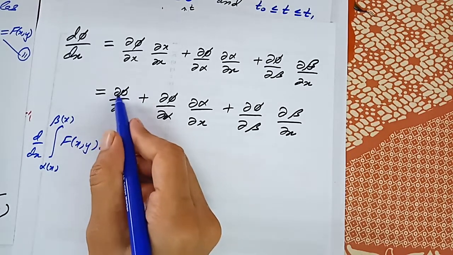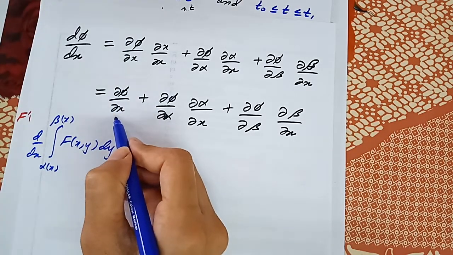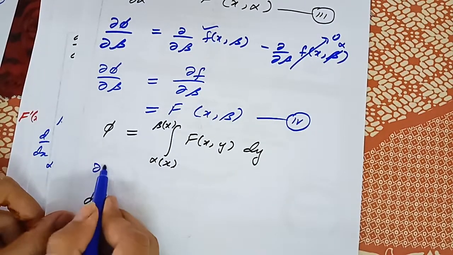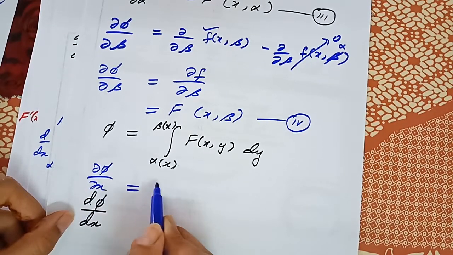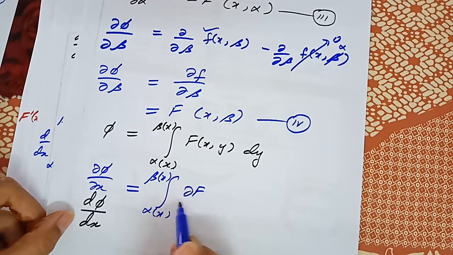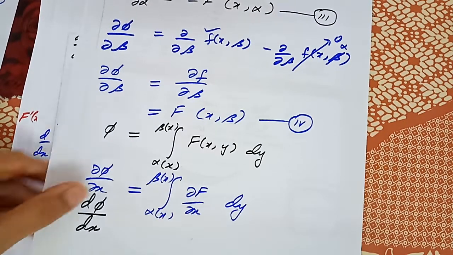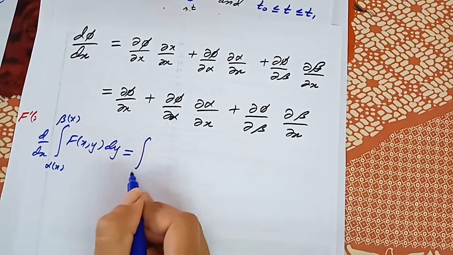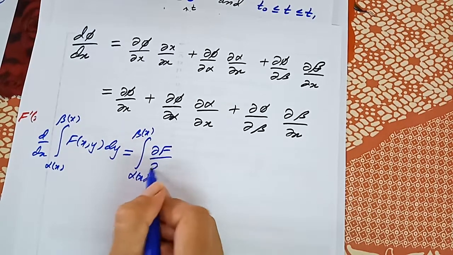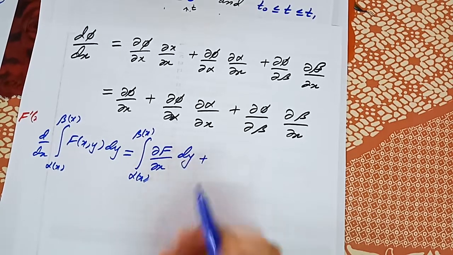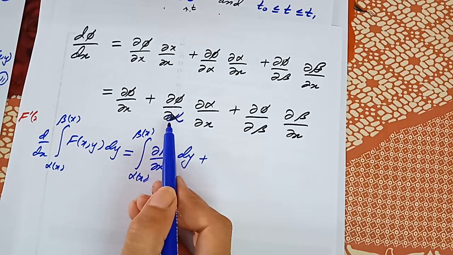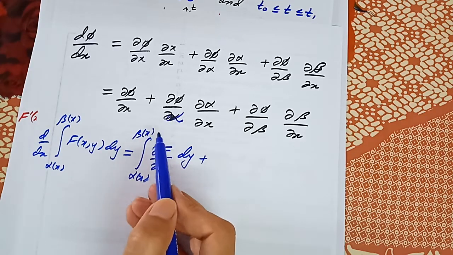What was your partial phi over partial x? We need its value, and that is the integration from alpha of x to beta of x of partial f over partial x dy, plus now your partial phi over partial alpha.